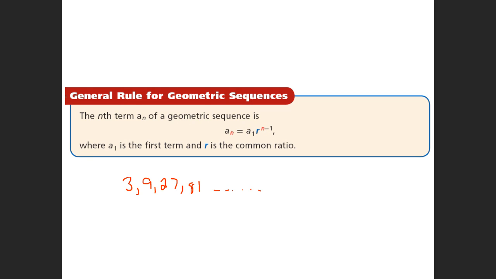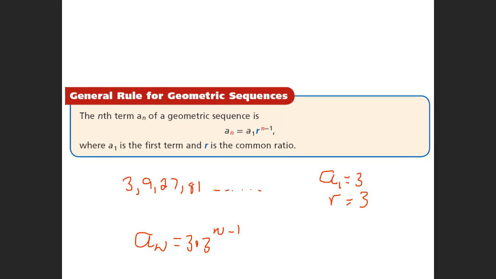All you do is say, okay, what is a sub 1? Well, that's 3. What is r? Well, 3 times 3 is 9. 9 times 3 is 27. So my r value is 3. So my formula would be a sub n is equal to 3 times 3 to the n minus 1 power. That's it. That is how we write an equation.